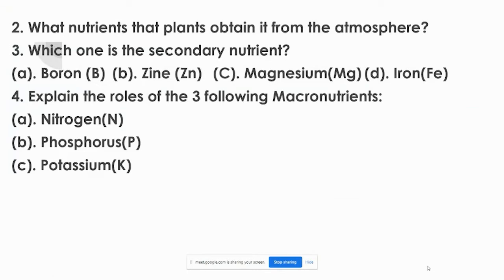Question one is, what are the nutrients that plants obtain from the atmosphere? So you can screenshot this question so that you are able to remember all the questions. And while you are watching the video, you also know which points you have to focus on so that you are able to answer the questions.